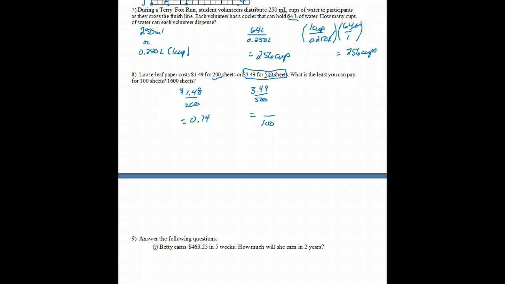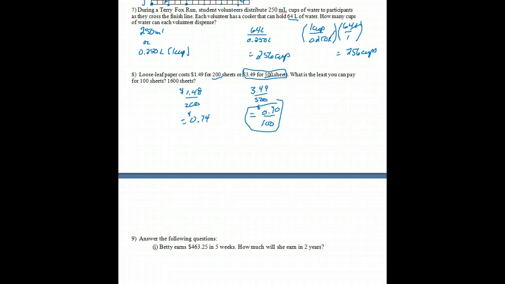Take your cost, divide that by 5, and now that's down to 70 cents. So we didn't take it down to a price of cost per sheet. We're still looking at in terms of cost per 100 sheets. So which would you pay the least? This case here, you pay the least for 100 sheets.